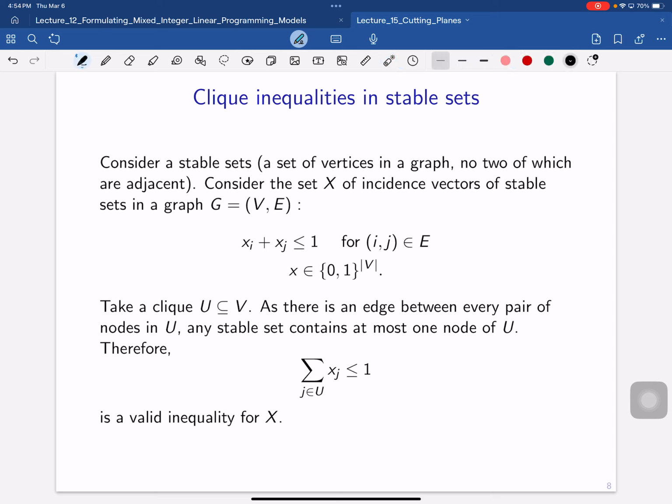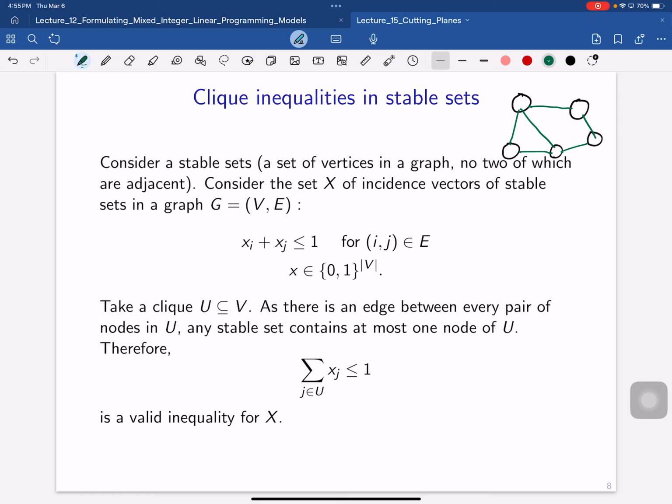Let's maybe pick a trivial example to explain this concept. Okay, let's draw some edges. Now this is a graph, right? We have 5 nodes, and then I randomly drew some edges, right?